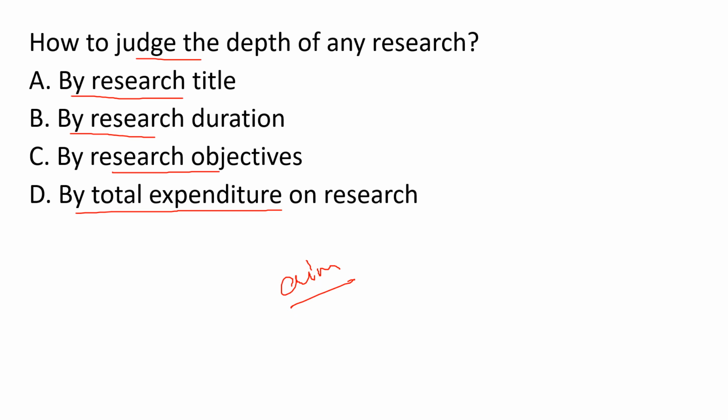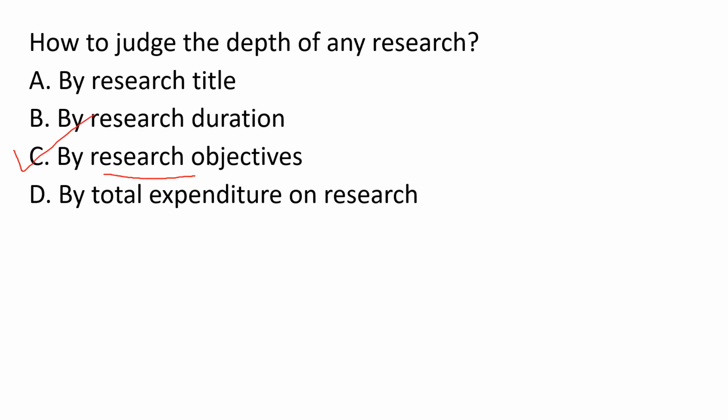What different objectives are there? What was the main aim of that research? Then only you will come to know the depth of that research. So the answer here will be option number C, that is by research objective.